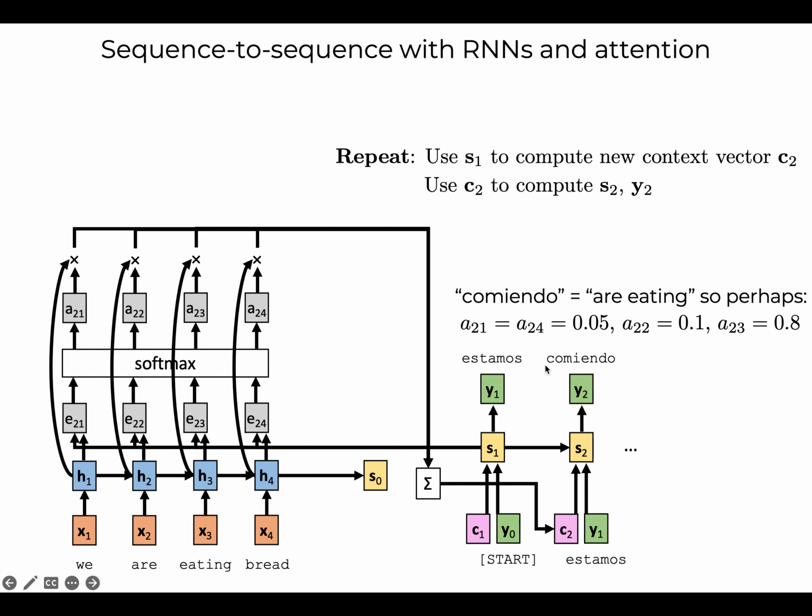And the output here, comiendo, roughly translates to are eating. So we might expect that the attention weight applied to the input token eating is going to be very high, so it's 0.8.